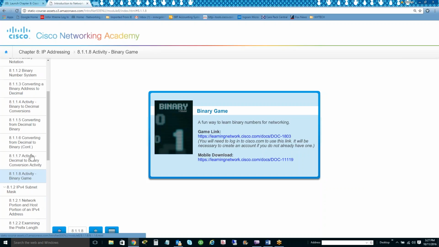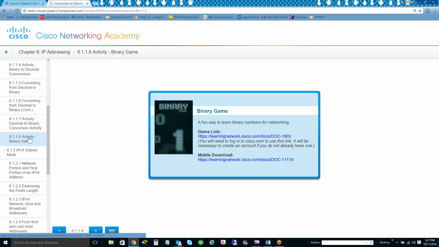The curriculum does test you a lot over this math because they feel you need to understand how this all works under the covers in order to really comprehend how IP networks actually work.